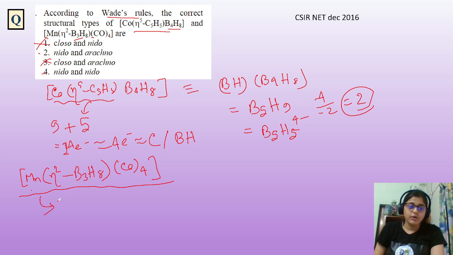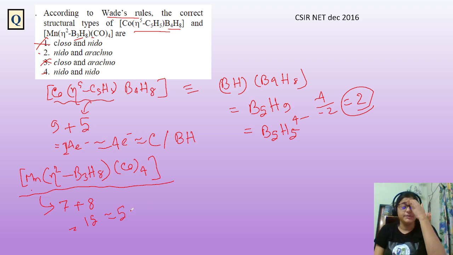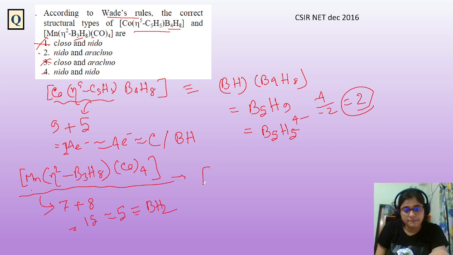Okay. So Mn means d5, so 7, and CO, CO means 2 electrons, so 2 that will be 8, and this is 15. 15 can be compared with 5, and this will be now CH or BH2. BH2. So here this will be BH2, and where what is present?